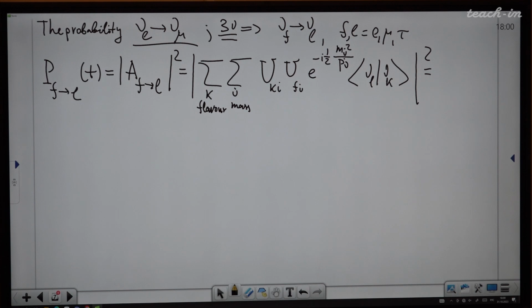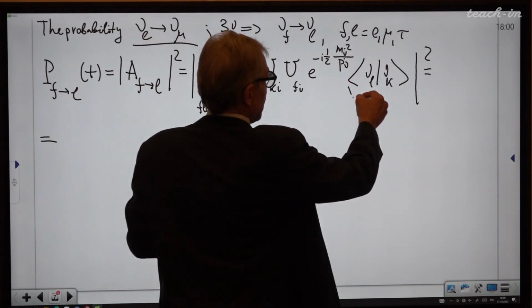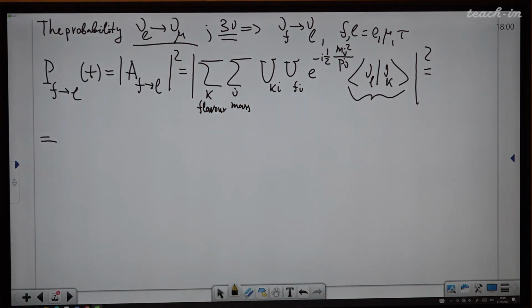This is the result of using the very well-known rules of quantum mechanics to calculate the probability of transition from one state to another state. This is given by the amplitude of transition, and we just write the most general expression for this amplitude. By the way, this is due to the fact that different flavor states are orthogonal to each other, as well as the mass states.